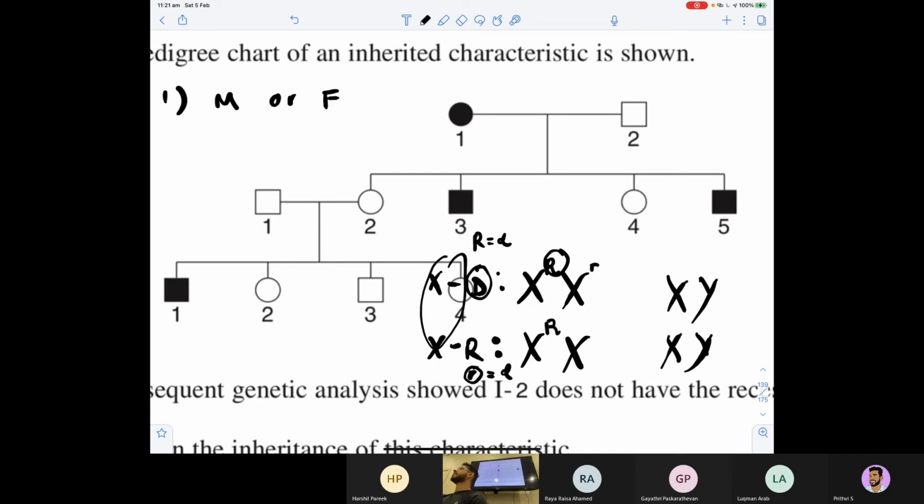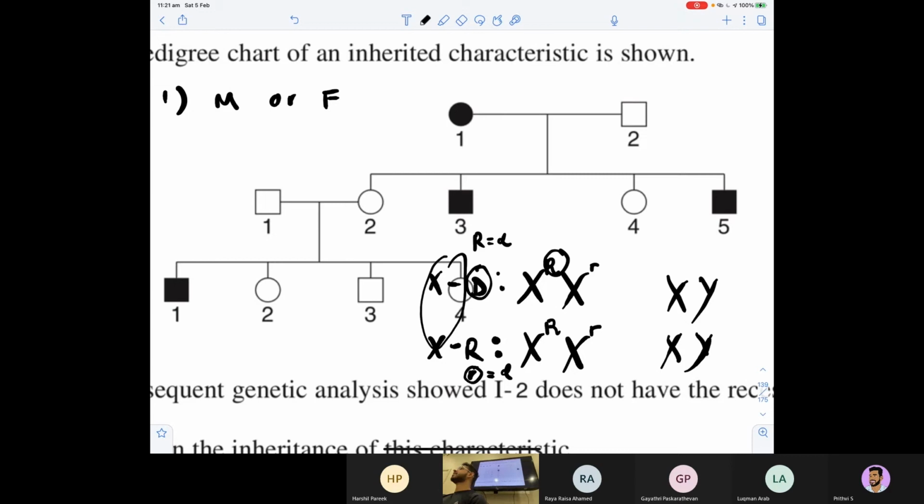If she has 1 capital R, does she have disease? No, because the little r, the recessive allele, is disease. What if she has the diseased allele now? It's masked out. So she's a carrier, but she doesn't actually express the condition.